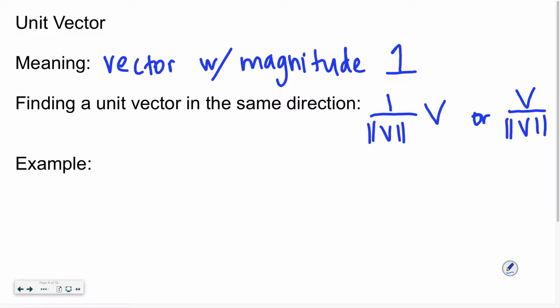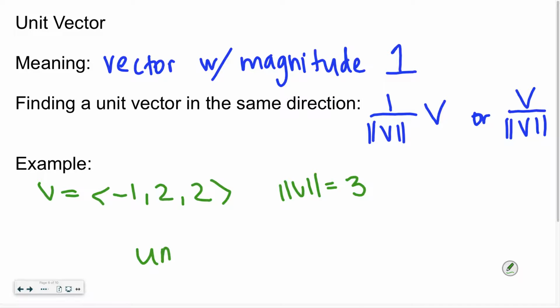So I want to go back to our example. We had the vector of -1, 2, 2. Remind me, what did we calculate that magnitude to be? Okay.